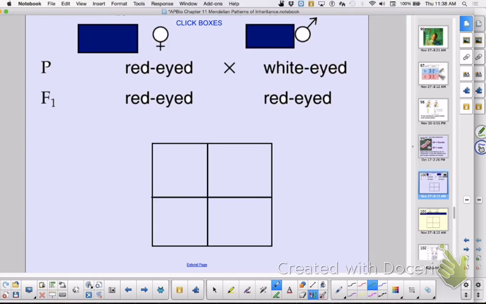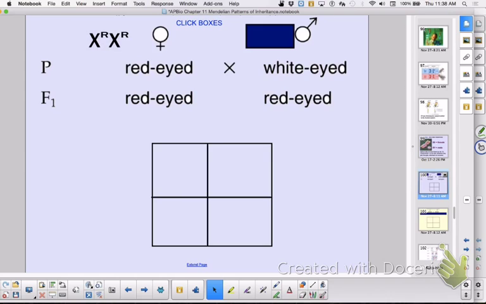And for starters, we want to cross a female who has red eyes. And she's going to be homozygous red. So she's X big R, X big R. Now, he has white eyes. So what do you think his genotype is going to be if he has white eyes?